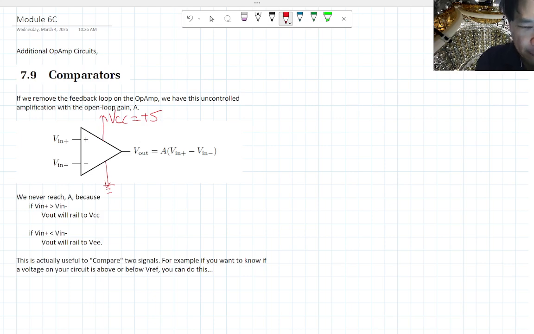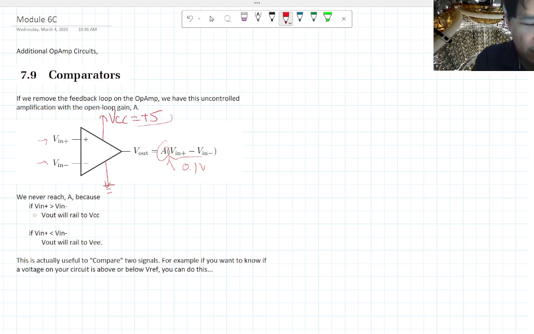Whatever your input is, let's say your V plus is 1 volt and your V minus is 0.9 volt. This difference of 0.1 volt gets amplified by this A, and A is like 100,000 or something like that. But your output is not going to be 100,000 times 1 volt, because you don't have a 1000 volt power supply. Your output is going to be 5 volts.